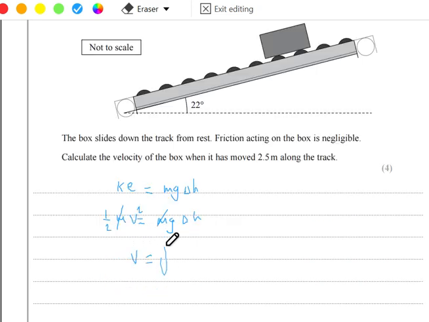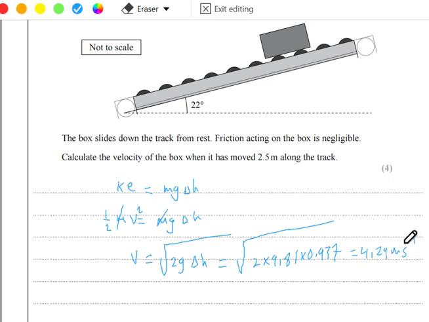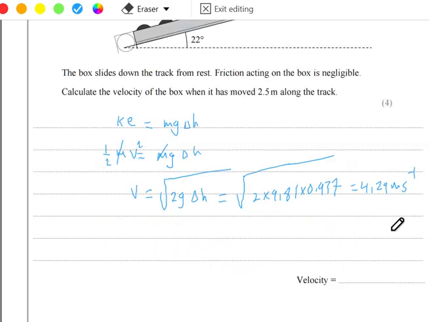We have an expression for V. Substitute, and after that we can use the equation of motion. Which equation of motion? V squared equals u squared plus 2as. Certainly u squared equals 0, so it is just 2as.